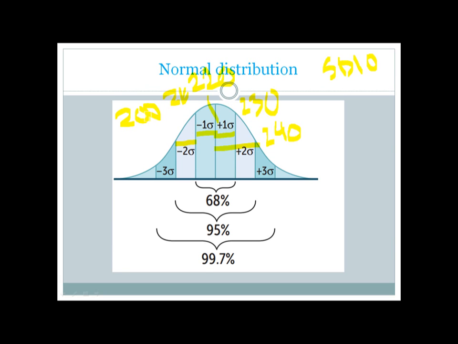So the people who have a cholesterol from 200 up to 240 will be the 95% of the people in this study group. So 95% of the people have a cholesterol value ranging from 200 to 240.